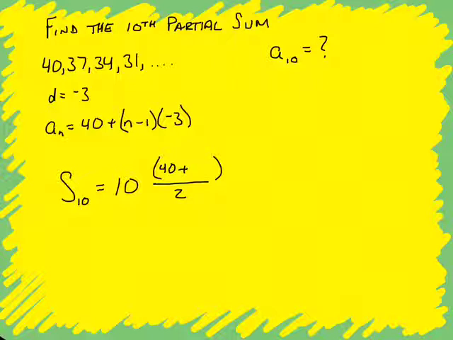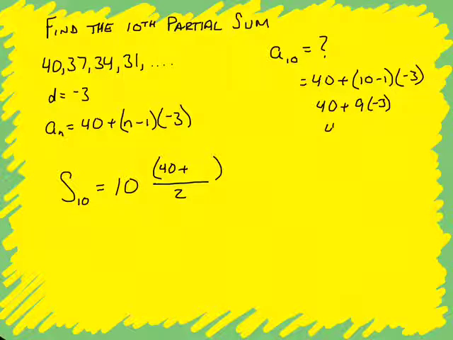So a sub 10 would be 40 plus 10 minus 1 common differences, or in our case, 40 plus 9 times negative 3, which would give us 13.